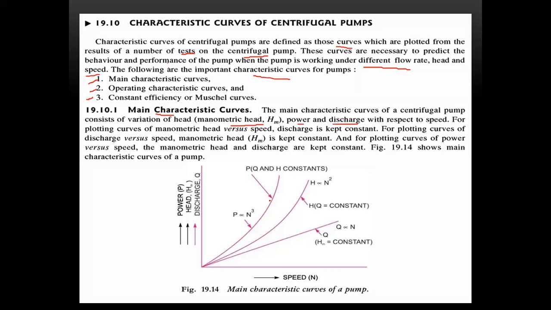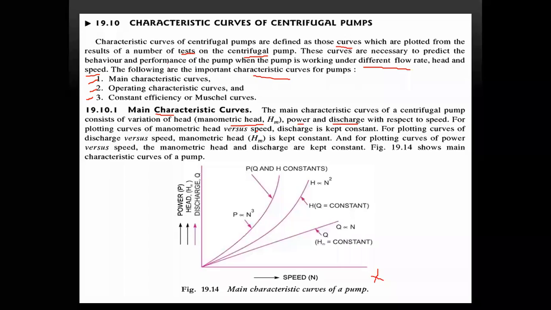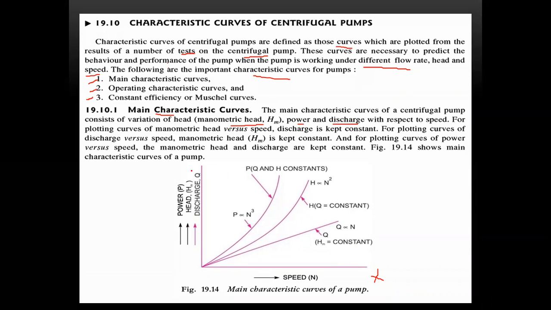Now if you see the graph here, on the x-axis you have speed, on the y-axis you have power, head and discharge. For plotting curves of the manometric head versus speed, discharge is kept constant.